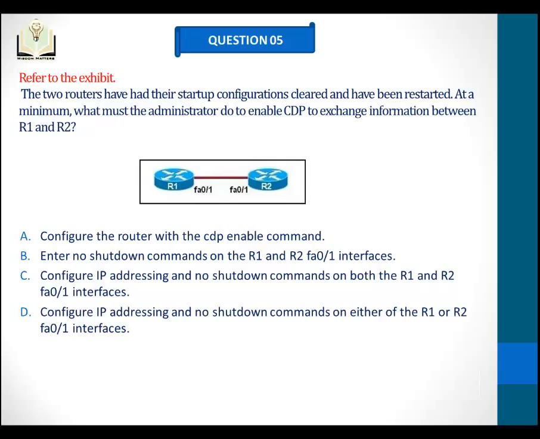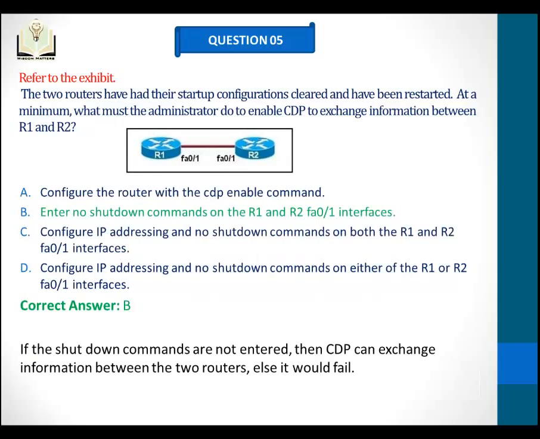B. Enter no shutdown commands on router 1 and router 2's FastEthernet 0/1 interface, or configure IP addressing and no shutdown commands on both router 1 and router 2 FastEthernet 0/1 interface, or configure IP addressing and no shutdown commands on either of the router 1 or router 2 FastEthernet 0/1 interface.